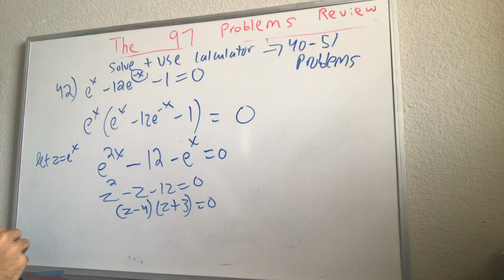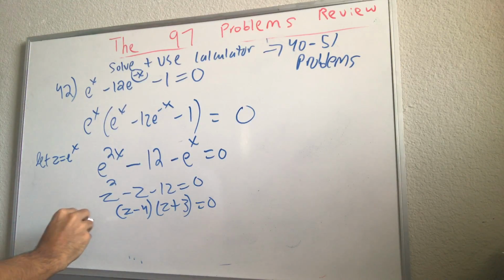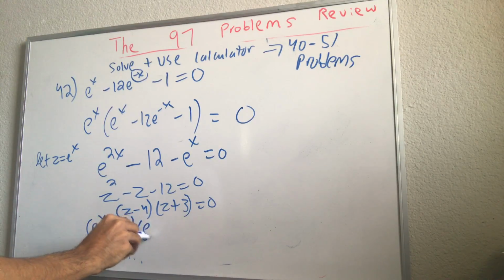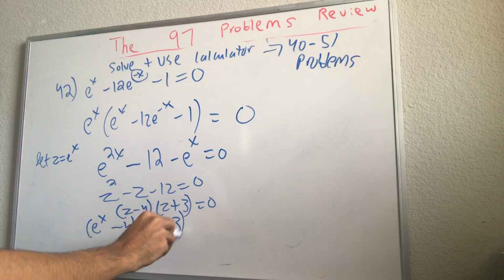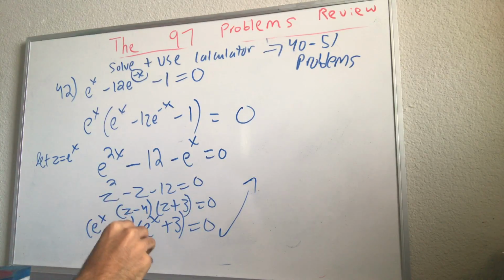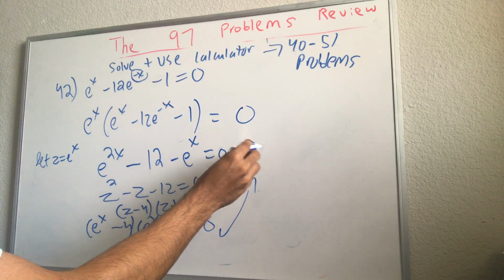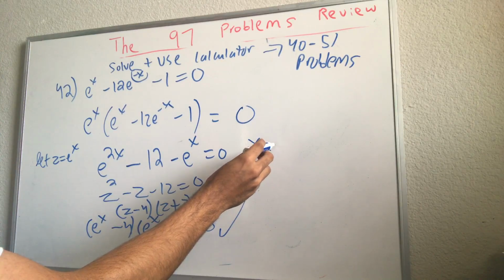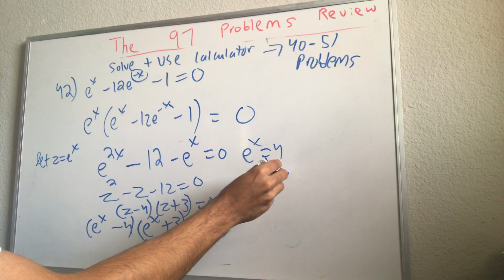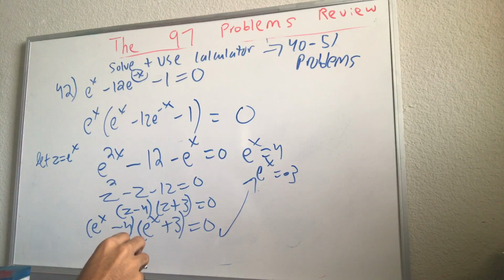And obviously we know that z here is e to the power of x, so we can say that e to the power of x minus 4 times e to the power of x plus 3 is equal to 0. And so we can solve this further, and we see that e to the power of x is equal to 4, and e to the power of x is equal to negative 3. So we have these two equations over here.